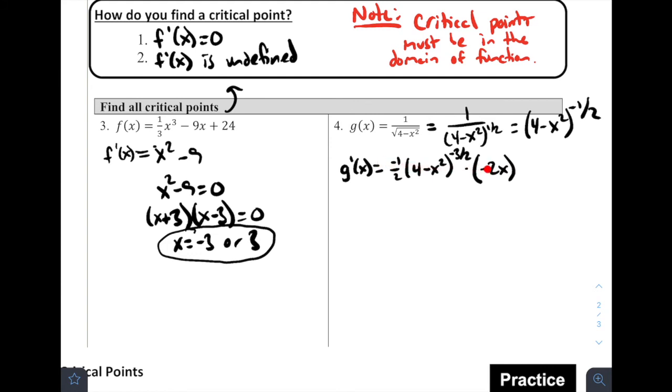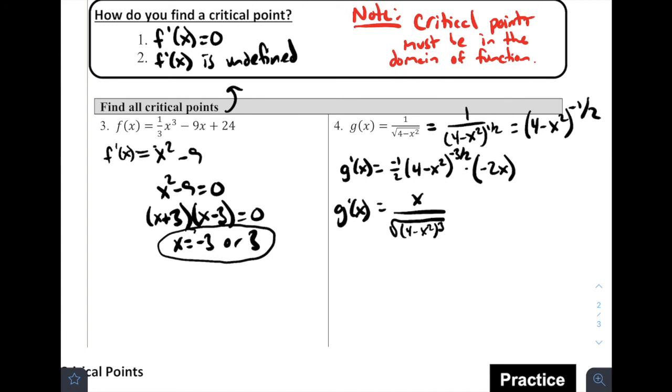The negatives are going to cancel, the 2's are going to cancel, and so I'm left with just an x in that numerator. And then in the denominator, because it's a negative exponent, it's going to move down to the denominator. That's going to be the square root of 4 minus x squared, cubed. By moving that to the denominator, it made it positive, and because it's a 3/2, the 2 is the square root, and then this is being raised to the 3rd power. So that is our g prime of x.